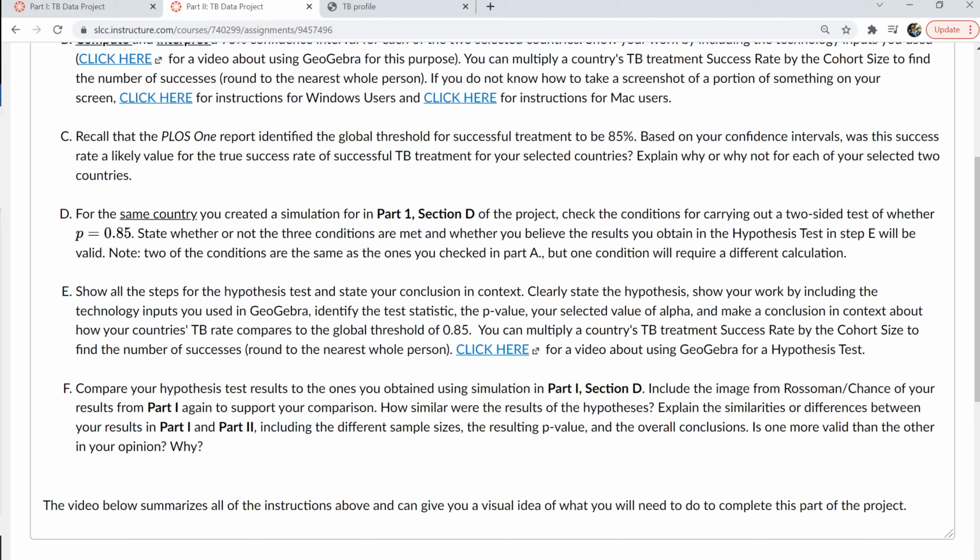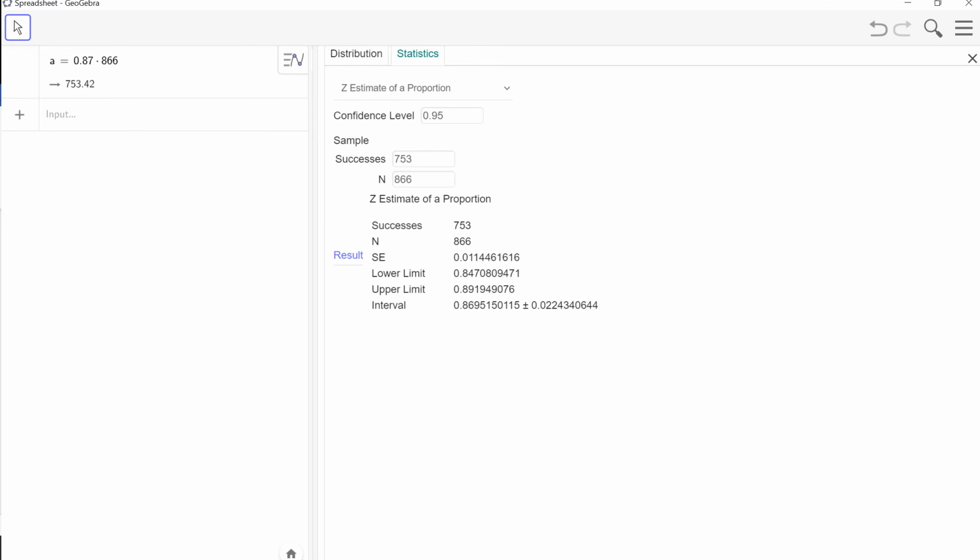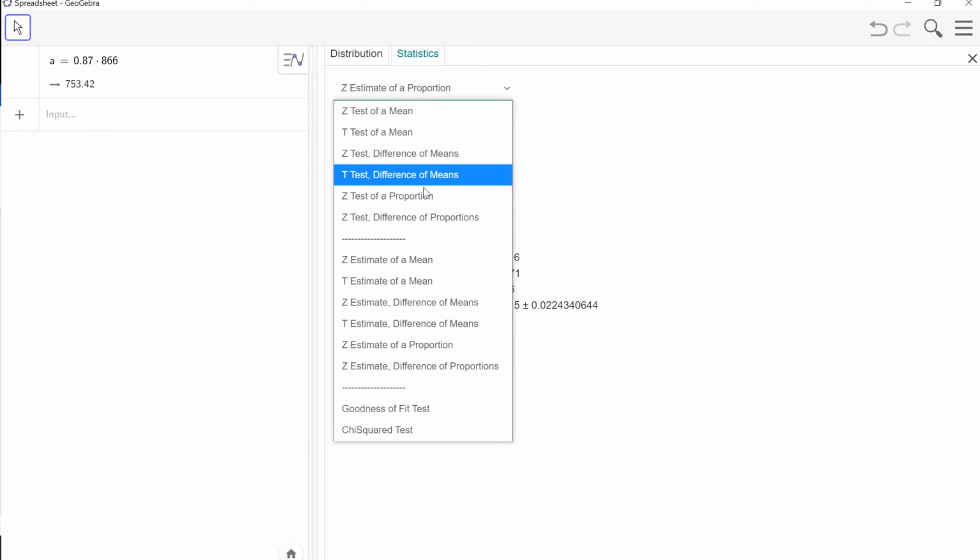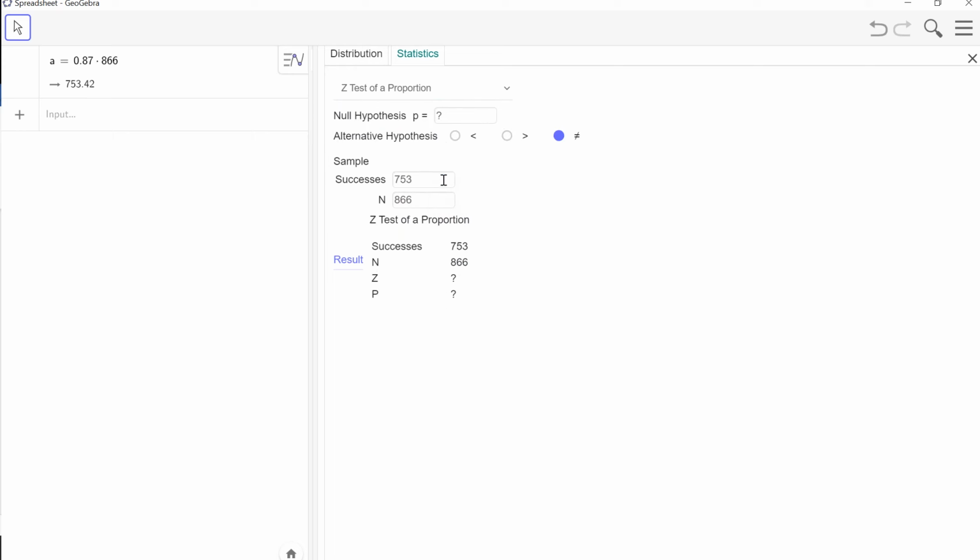In order to do a hypothesis test in GeoGebra, I select, in this case, z-test of a proportion in order to do a hypothesis test for a single proportion. And I can put in my null hypothesis, which should still be 0.85. And I'm still doing a two-sided test, so I should select not equal to. The successes and sample size will depend on your country.